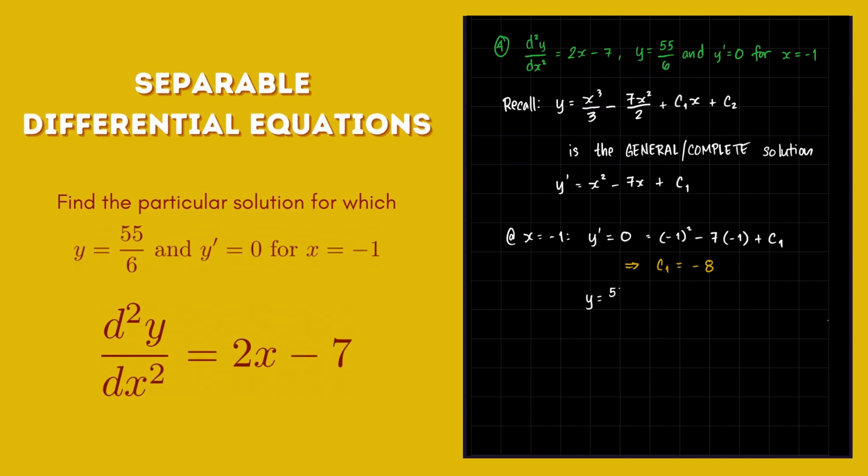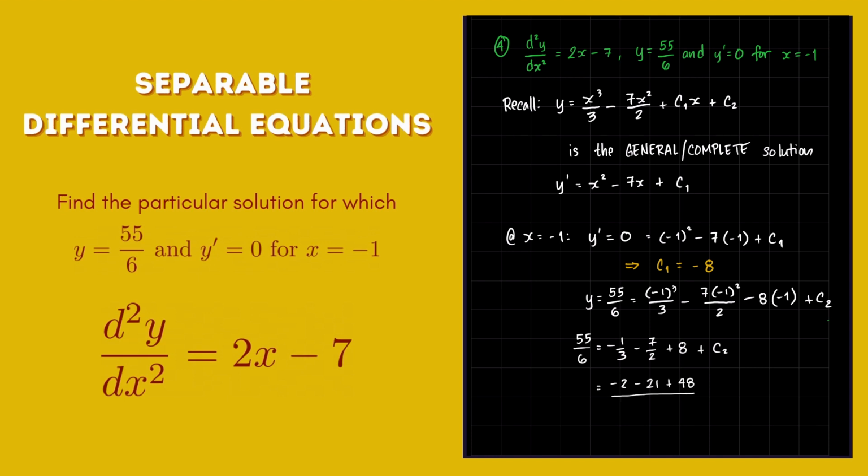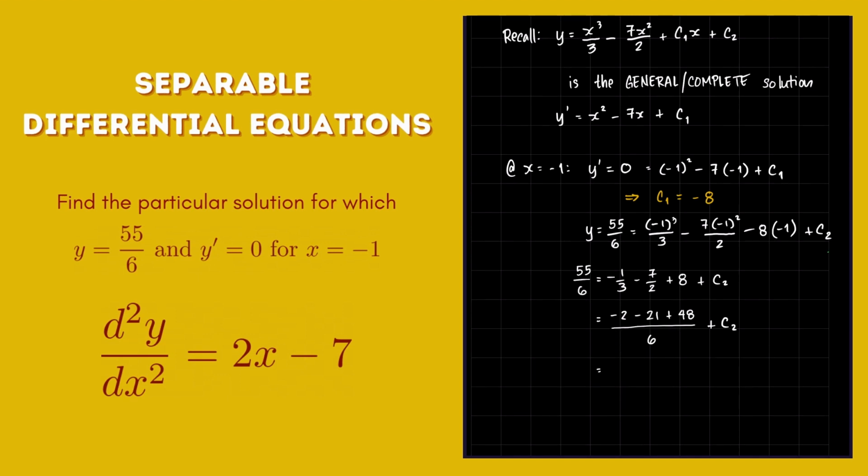Yung next na information na binigay is that the function y is equal to 55/6 if x is equal to -1. So substituting, we'll get 55/6 is equal to -1 cubed over 3 minus 7 times -1 squared over 2 minus 8 times -1 plus c2. And 55/6 is equal to 25/6 plus c2, giving us c2 is equal to 5.